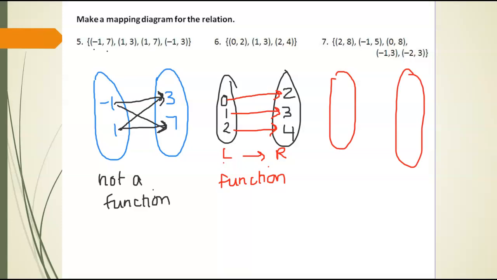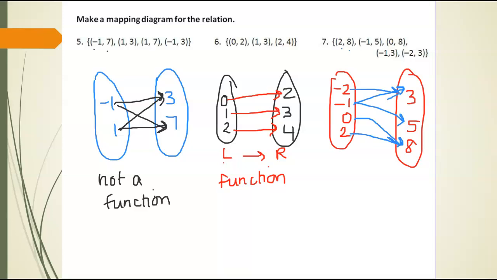So here we have -1, -2, 0, and 2 in our domain. I have 3, 5, and 8 in my range. +2 maps to 8. -1 to 5. 0 to 8. -1 to 3.